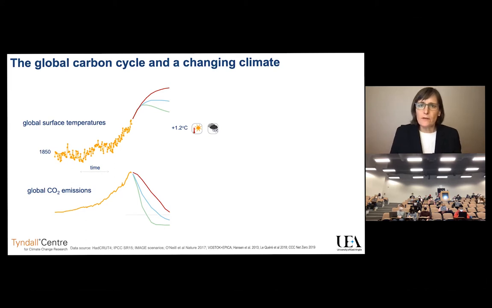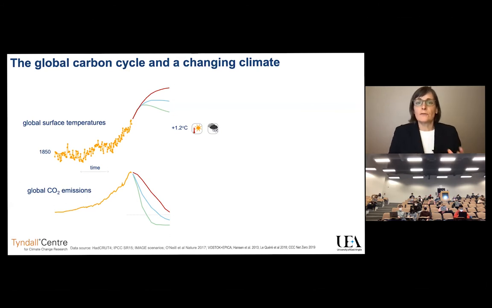And because of our combined understanding, we're also able to say that as long as the emissions of carbon dioxide, the bottom curve here, which are the global emissions that have grown over the last century and a half, are not returned back to actually zero, then the temperature of the climate system will continue to rise.